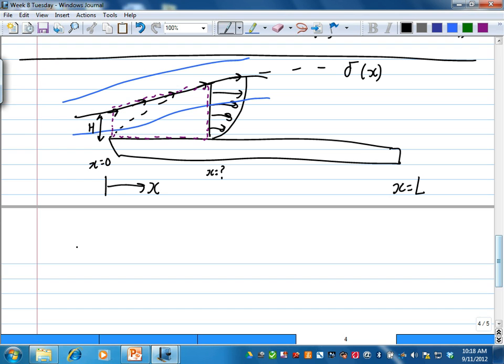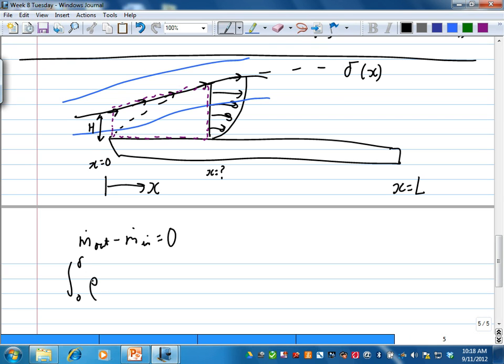So m dot out minus m dot in equals 0. M dot out is the integral between 0 to del of rho u dA, you can do the u dot n.